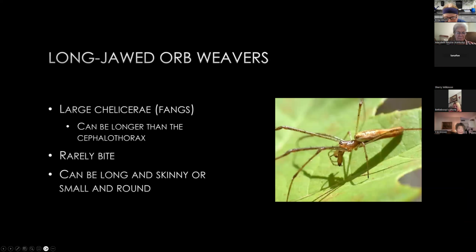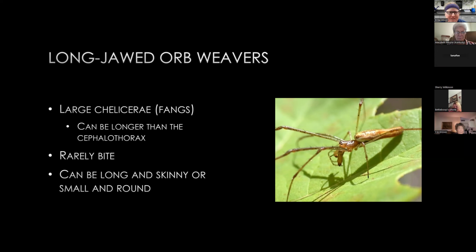And one that I'll mention real quick is an orb weaver called the long-jawed orb weaver. And that's those fang-like appendages that I had mentioned. On this one, they're extremely long, and sometimes they can even be longer than the actual head and thorax region.